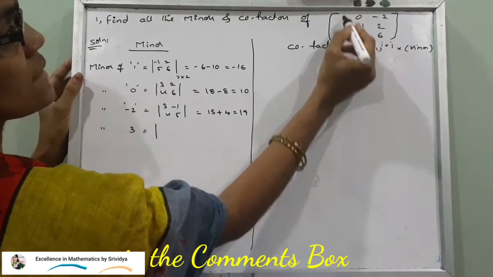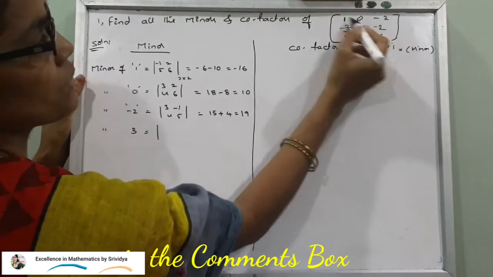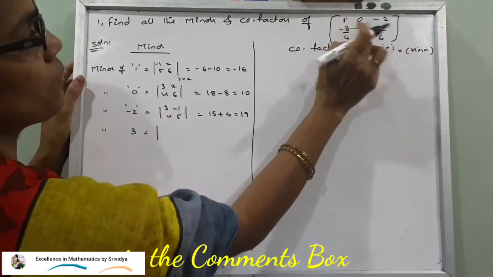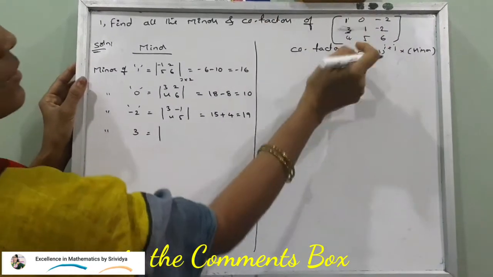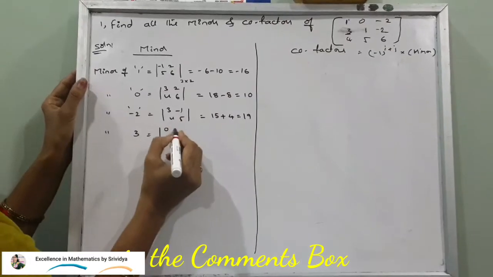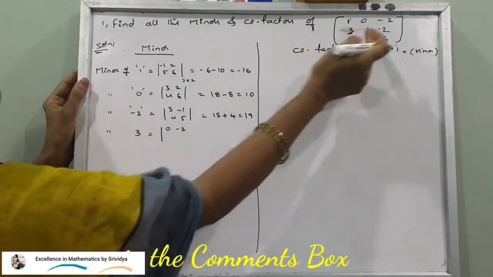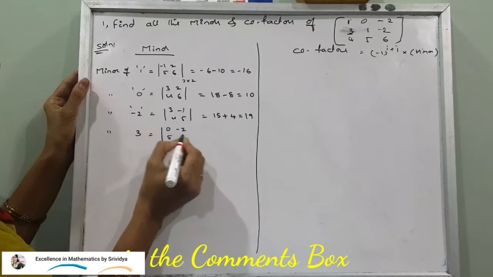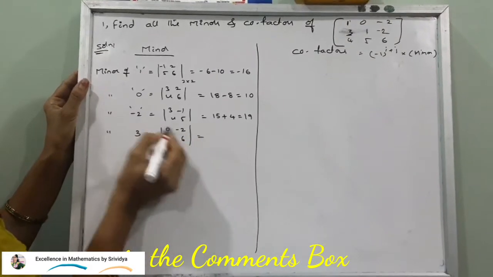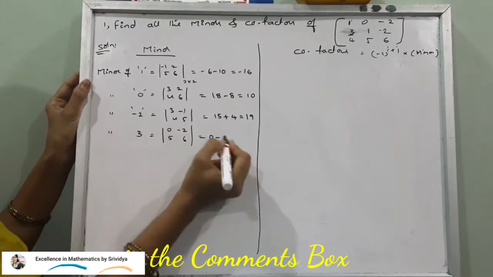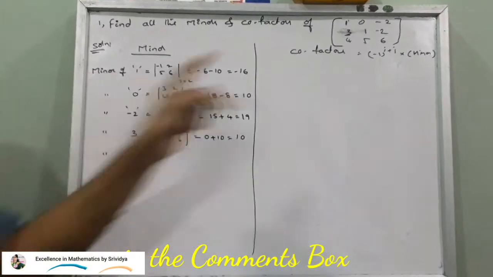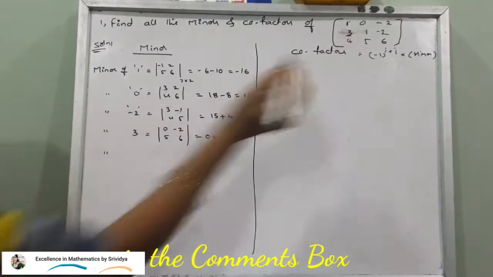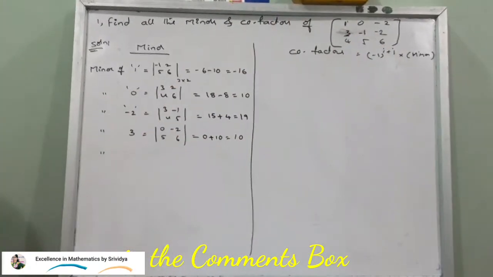3 is in the second row, first column. Now eliminating these two, the submatrix is 0, minus 2, 5, 6, which is equal to 0 minus minus 10, which is 10. The second element is minus 1.